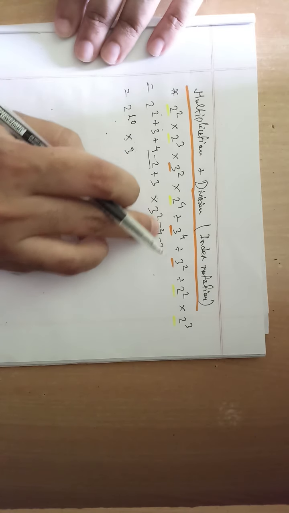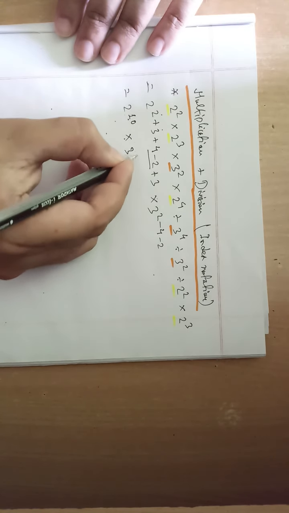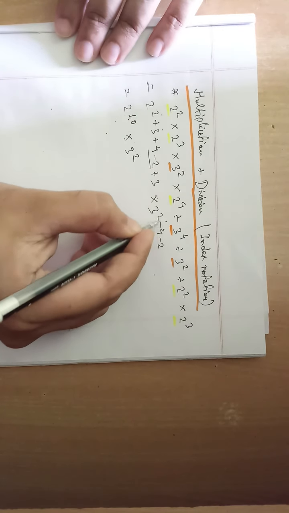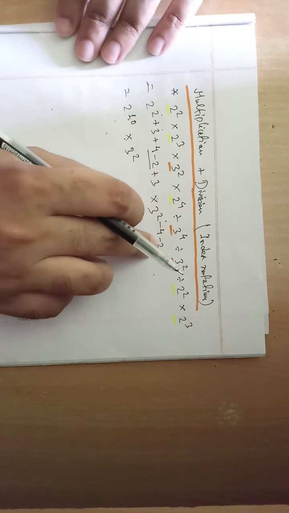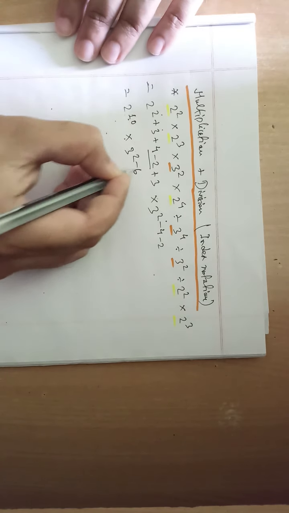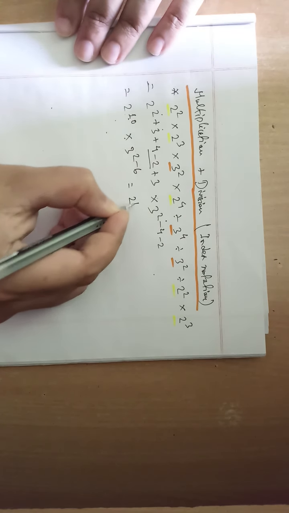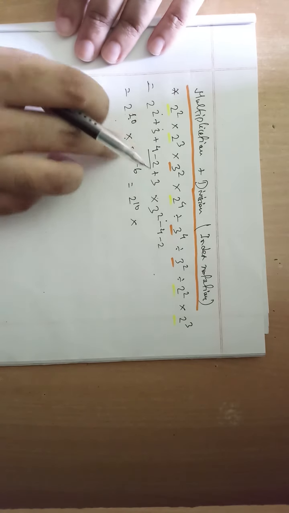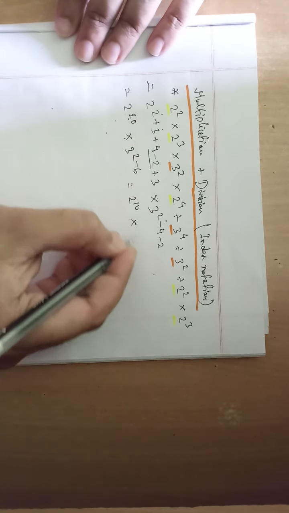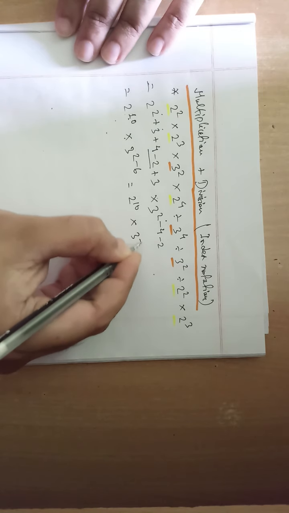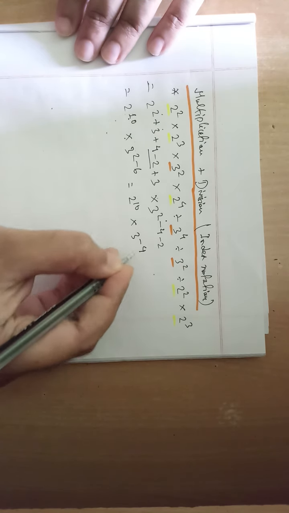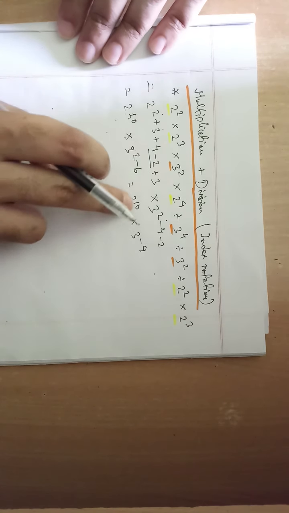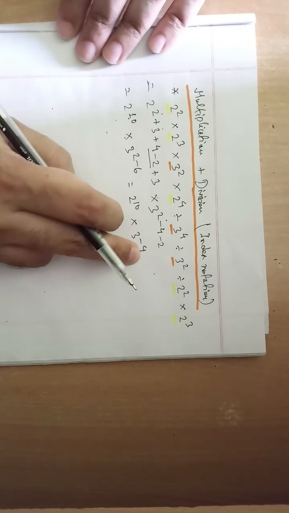So 2 minus 4 minus 2. If I do 2 minus 4 first, that gives minus 2, minus 2 gives us minus 4. So 3 to the power minus 4. So this is the solution, 2 to the power 10 into 3 to the power minus 4.